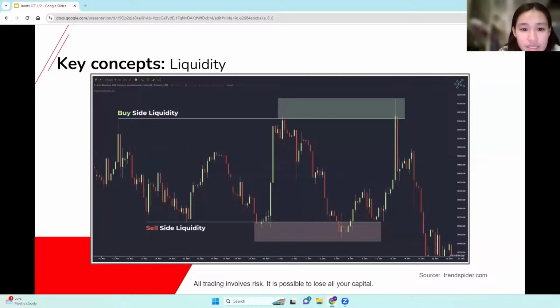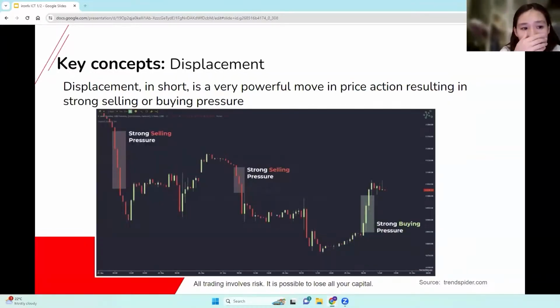Okay, next, let's look at displacement. Displacement in short is a very powerful move in price action, resulting in strong selling or buying pressure. Generally speaking, displacement will appear as a single candle or a group of candles that are all positioned in the same direction. These candles typically have large real bodies.